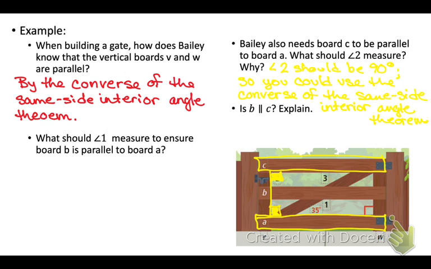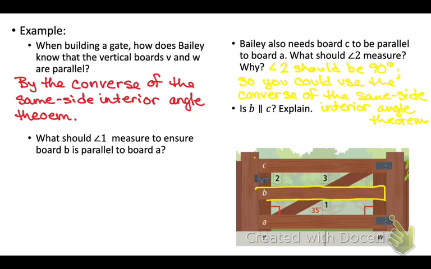Or an explanation. Okay, so what should angle 1 measure to ensure board B is parallel to board A? So we want board B to be parallel to board A. Wouldn't that be alternate exterior?